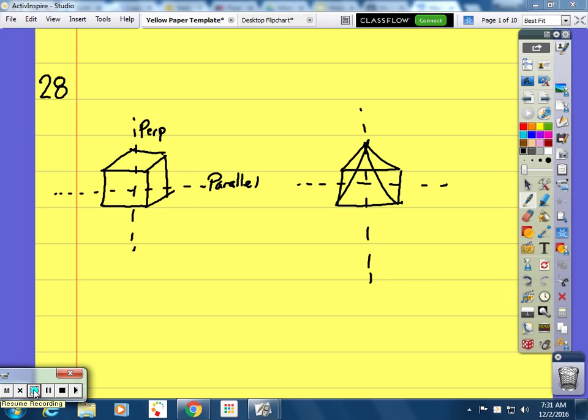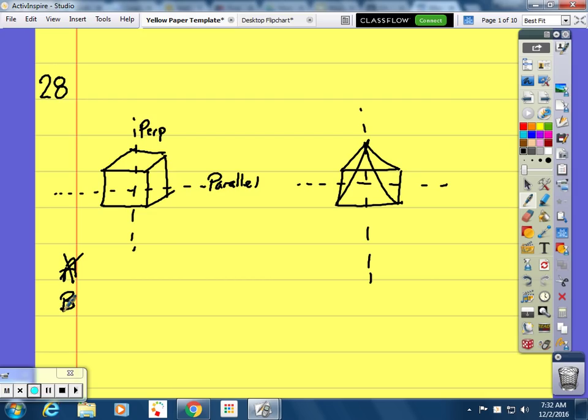So choice A says a plane section that is triangular could result from one of these slices through the cube. So if I cut a cube this way or this way, it's not going to make a triangle. It is not A.